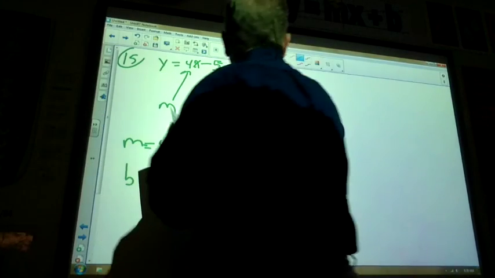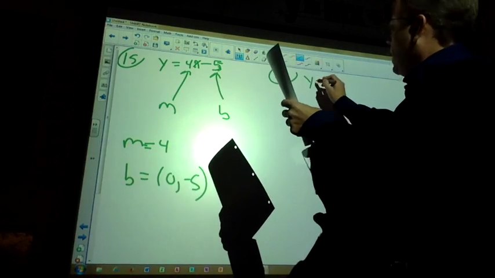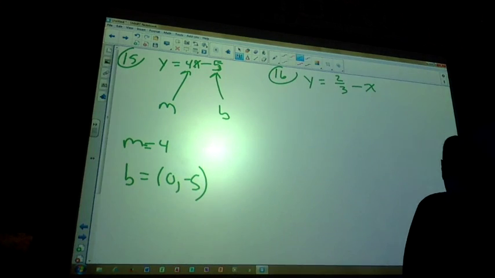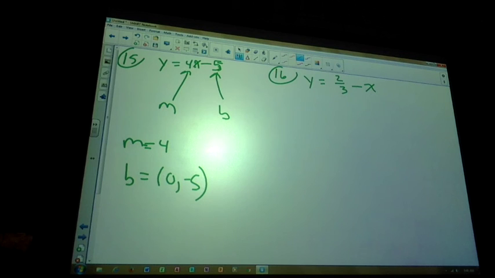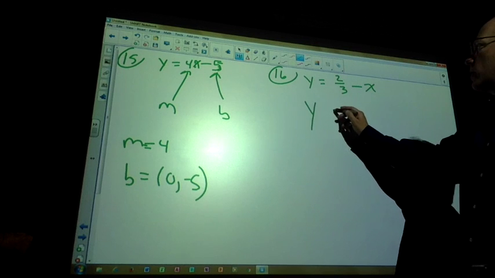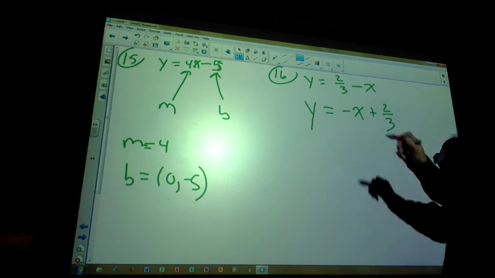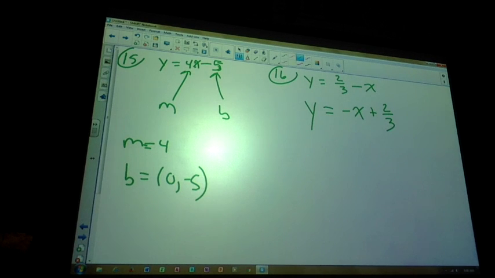Number 16, we have y equals 2/3 minus x. Is this in slope-intercept form? It's out of order a little bit, so let's change up the order. Absolutely, you can manipulate it.